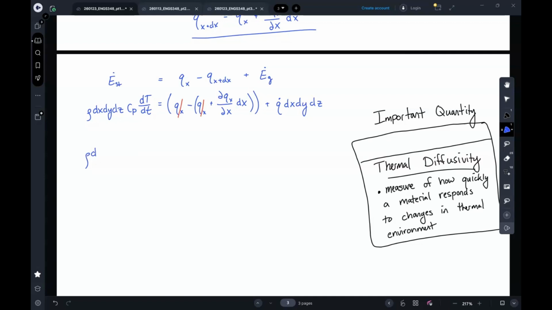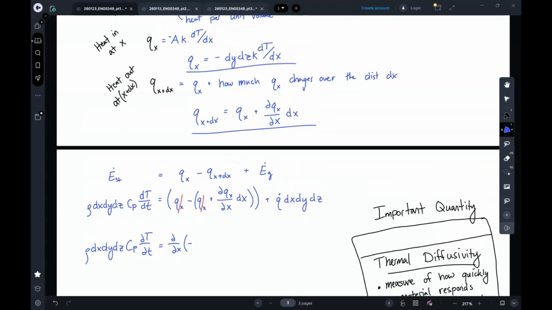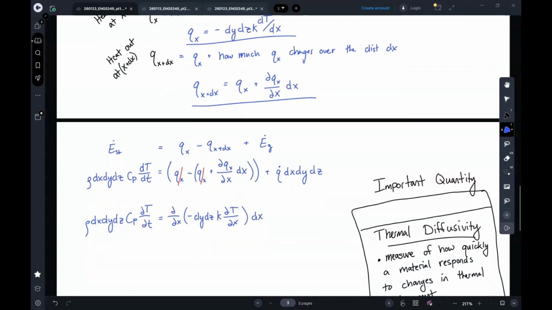We can say rho dx dy dz cp d temperature d time equals the x derivative of qx, which we wrote up before, that's minus dy dz, times k times d temperature dx, times dx. So we got dx's and dy's and dz's all over.